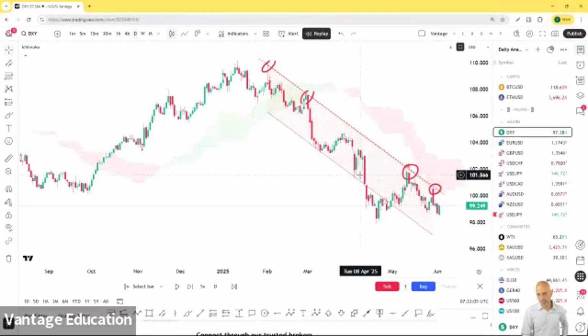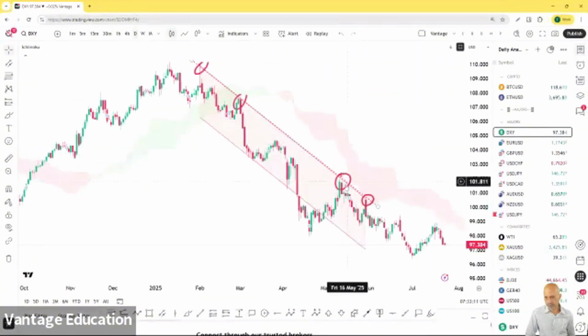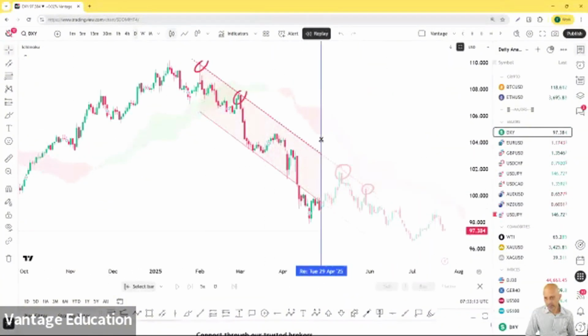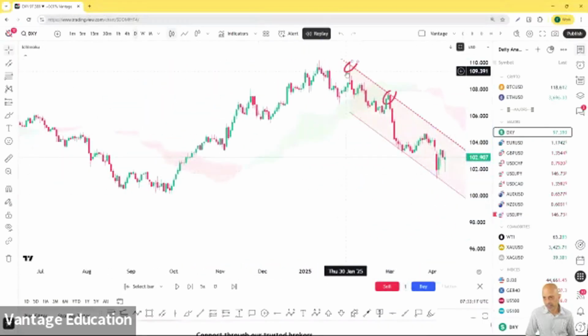So basically by mid-April, this downward channel was in play. And you can see here very clearly between the 31st of January and 9th of April, a very clear downward channel. We can see two clear touches to the top, several clear touches to the bottom, indicating a downward channel and enabling us to draw it.